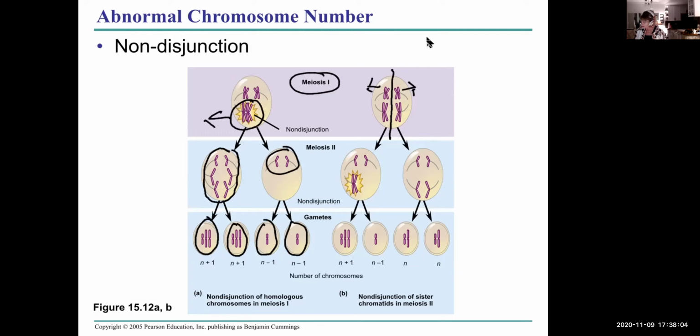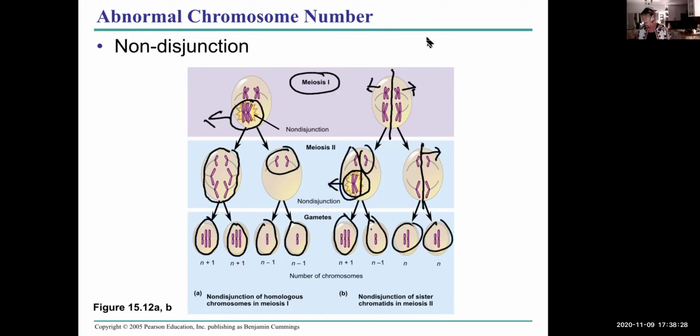These are sister chromatids, and these ones separated nicely, but these ones did not. For whatever reason, they did not separate, and these chromosomes all went to one end of the cell. When they divided again after meiosis 2, this cell gets all 3, and this other cell just gets 1. And then this is normal. They get 2 each. That's known as nondisjunction, when chromosomes don't separate into the halves of the cell.